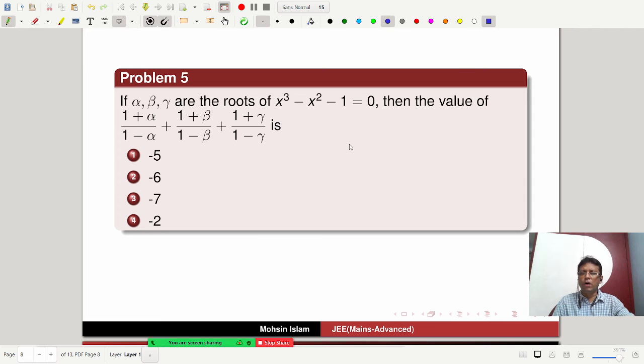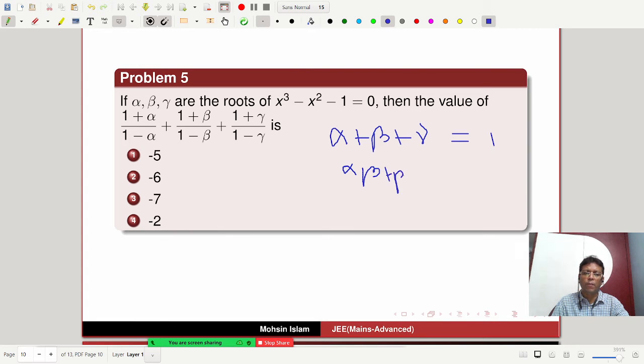Now you can easily check that alpha plus beta plus gamma is 1, and alpha beta plus beta gamma plus gamma alpha will be 0 because there is no x term, and alpha beta gamma will be plus 1.